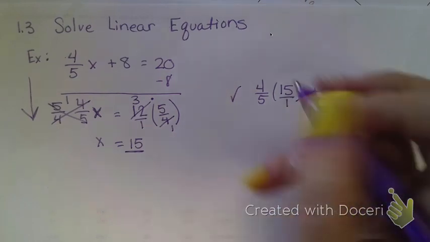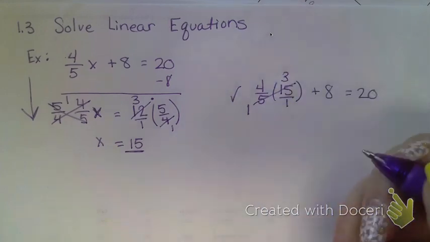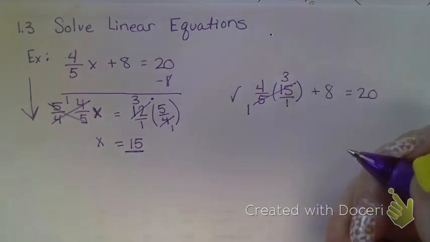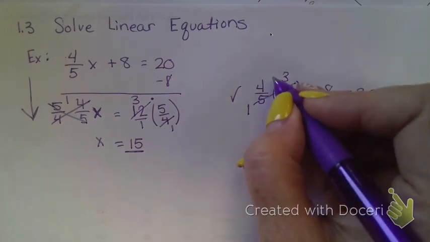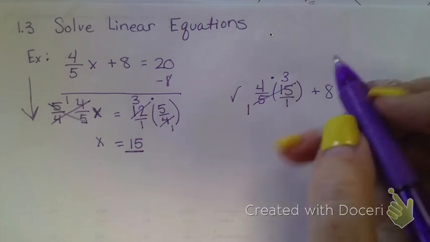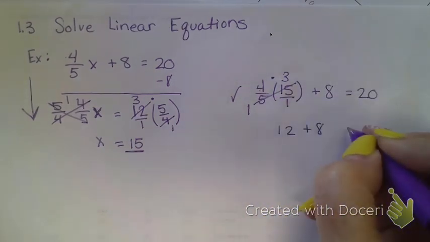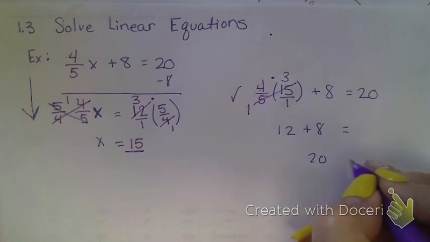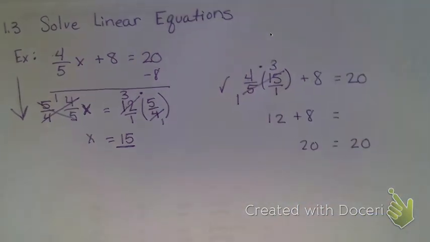So it's 5. 5 goes into 15 how many times? 3. So 4 times 3 is 12, plus 8, so 20 equals 20. We just did a mini proof.